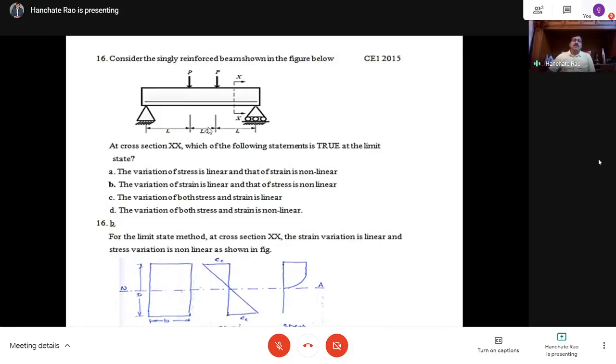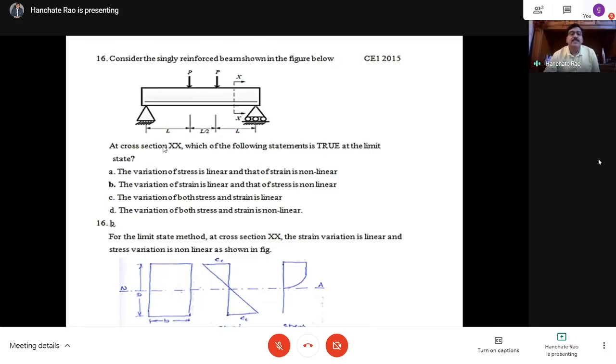Now go to second statement, B. The variation of strain is linear and that of stress is non-linear. This is correct. The assumption that plane normal sections remain plane even after bending leads to a linear strain distribution. So the strain varies linearly.